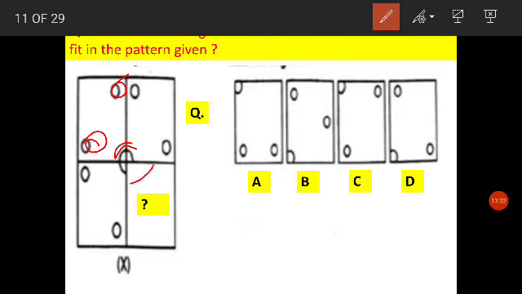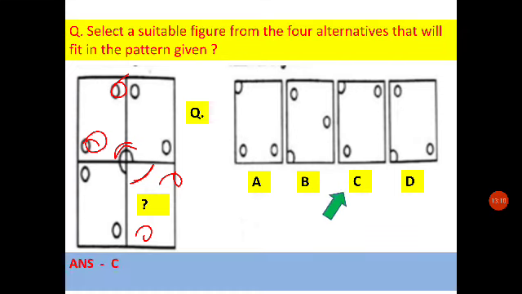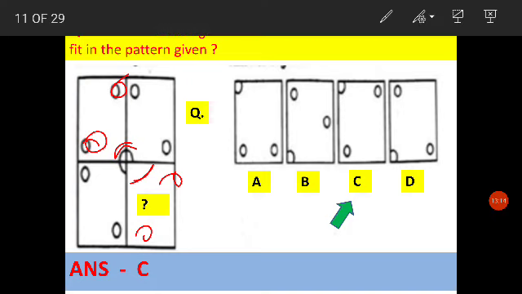So what we need is 1 dot here and these 2 dots here. So if we go by this analogy, C is the answer, because it has got a cut here and 2 dots here.